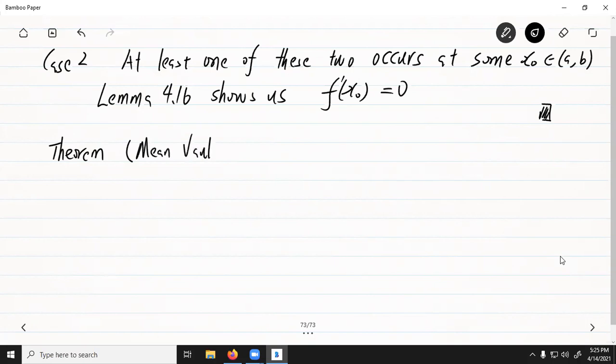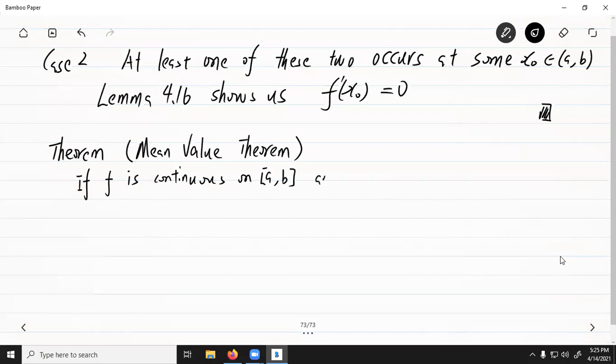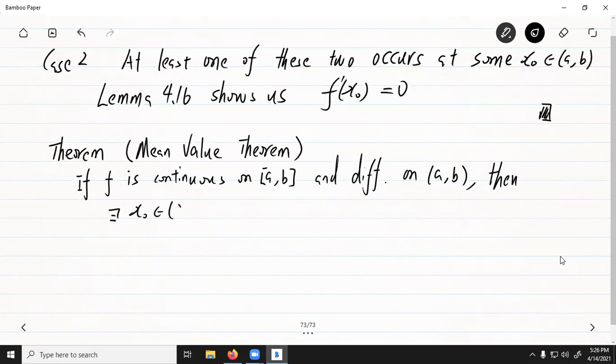Mean value theorem: if f is continuous, conditions are very similar, on AB and differentiable on the open interval AB, then there exists some x0 between A and B such that f prime of x0 is equal to f of B minus f of A over B minus A.